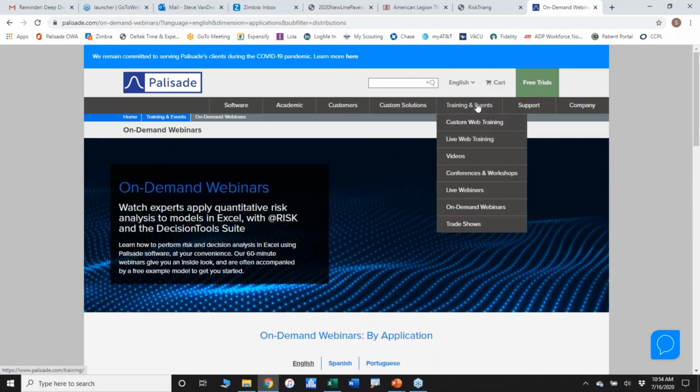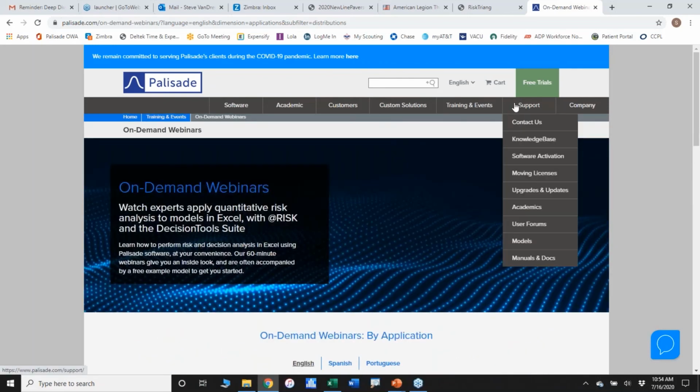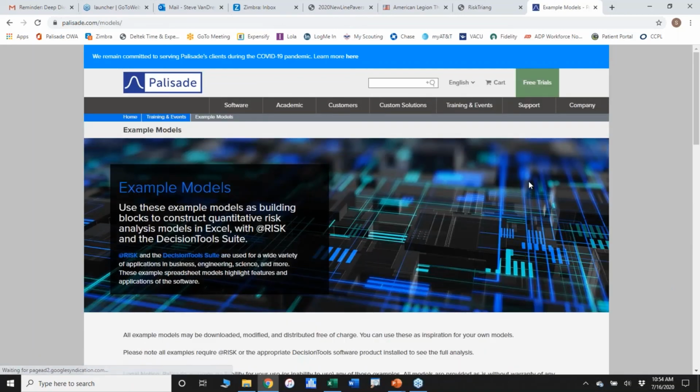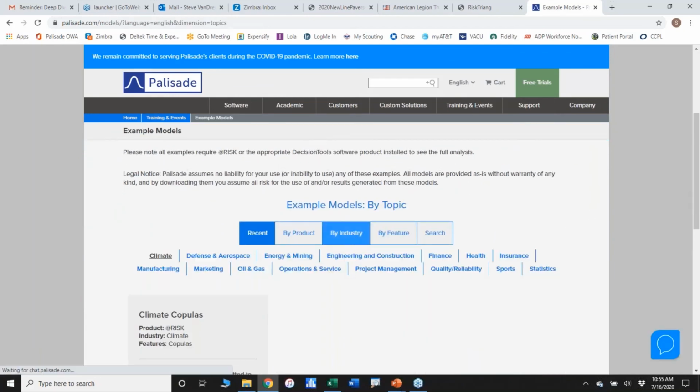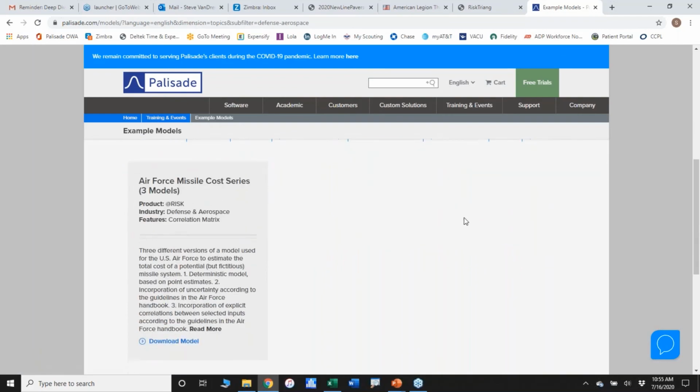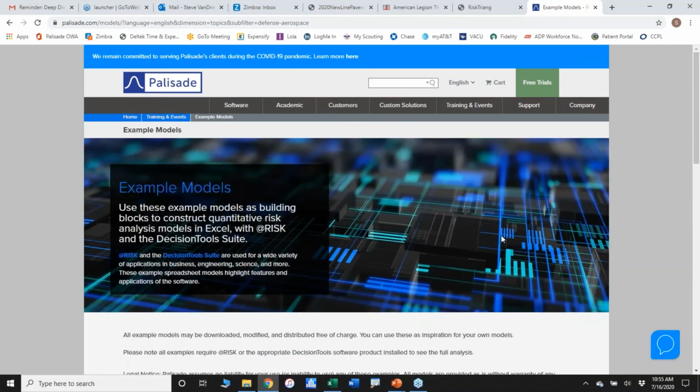And under support, once again, you don't have to have a license to do this. There's a tremendous knowledge base. There are models available to you to go in and look, the same kind of breakout. If you want to see it by industry, defense and aerospace industry, Air Force Missile Cost Series, three different models presented there.